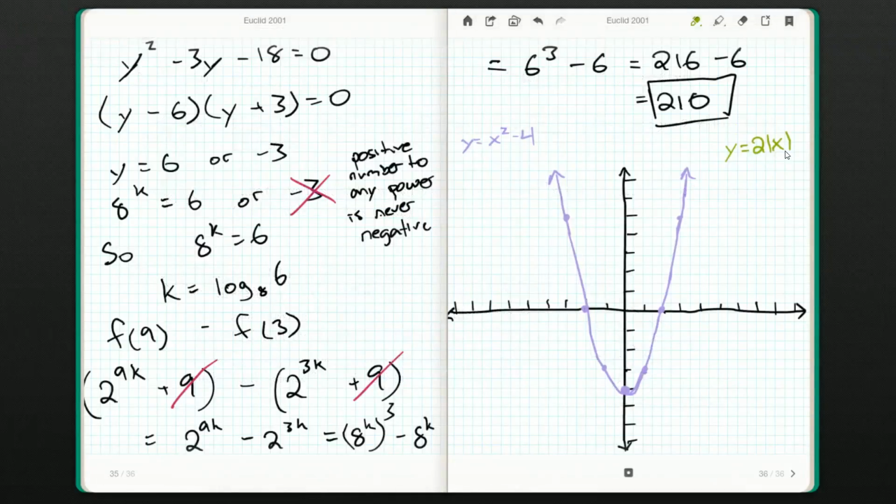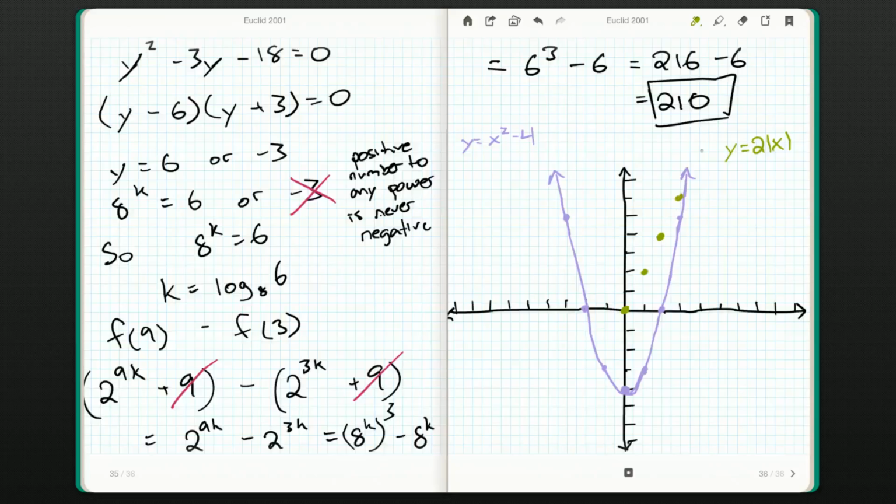Okay, so we once again can just plot some points. At x equals 0, 2 times the absolute value of 0, of course being 0, we're going to get 0 here. How about at x equals 1? Well, the absolute value of 1 is 1, so times 2, we're going to have this point right here. And then at 2, we'll have 4. 3 will have 6, so 2, 4, 6.